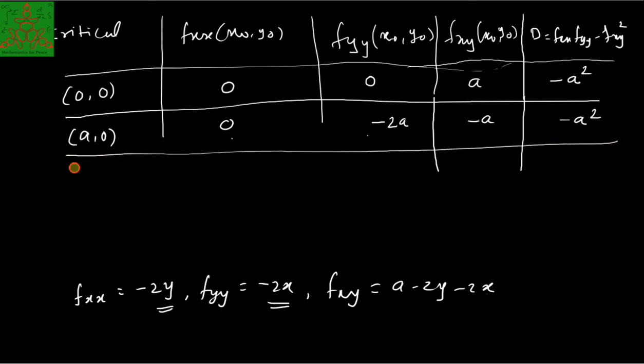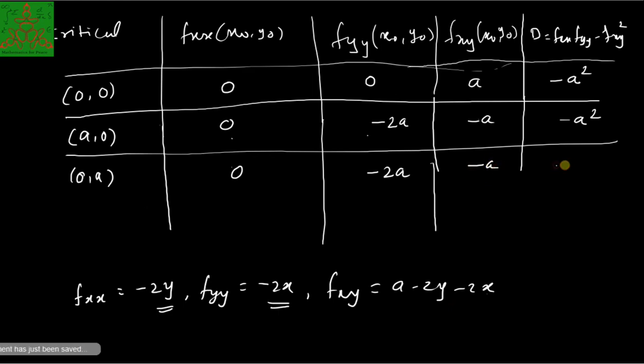The next one is 0, a, so for this it is 0, this will be minus 2a. Now what is fxy at this point 0, a? It's not changing because it is symmetric about x and y, so that's why it is minus a, and hence we'll have minus a square.